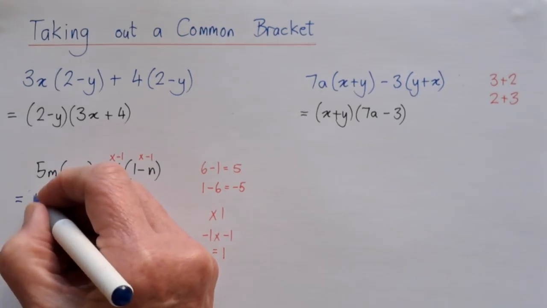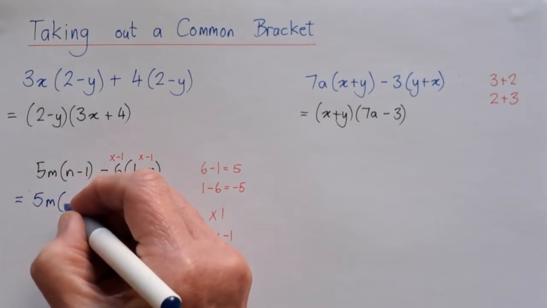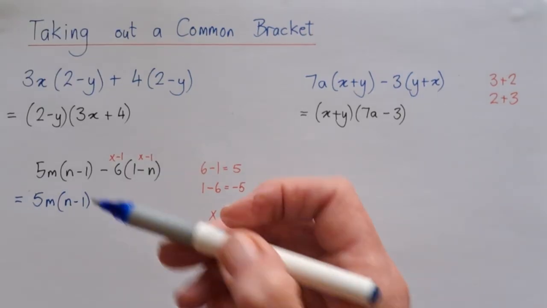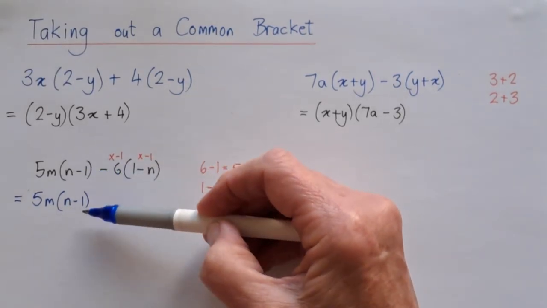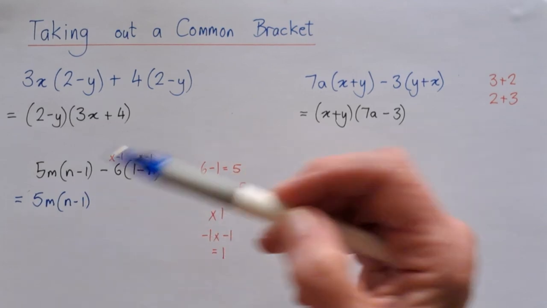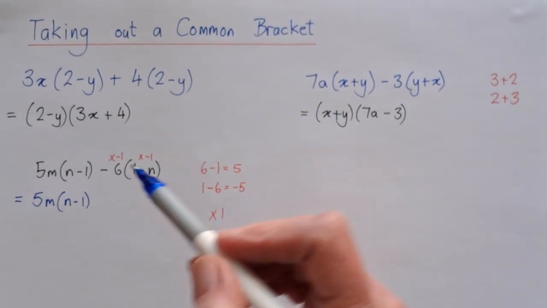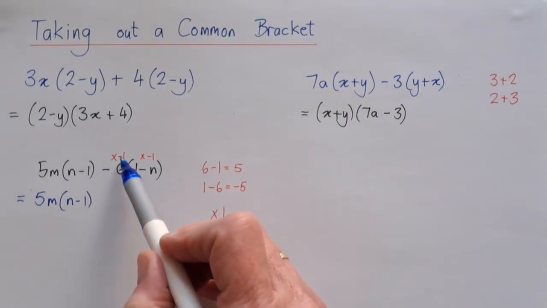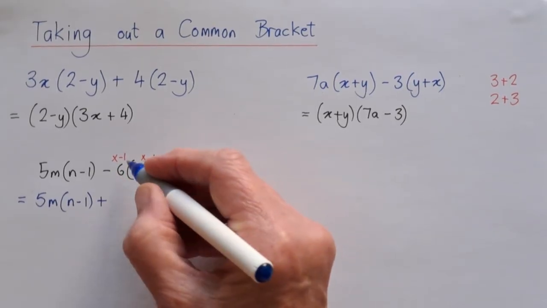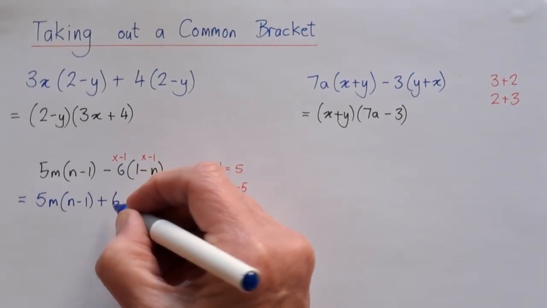So the first term, 5m bracket n minus 1, I'm leaving exactly as it is. And remember, even when you're not working with something and you're going to come back to it later, you need to take it into the next step so that you don't lose it. So if I look here, I've got negative times negative is positive, and 1 times 6 is 6.